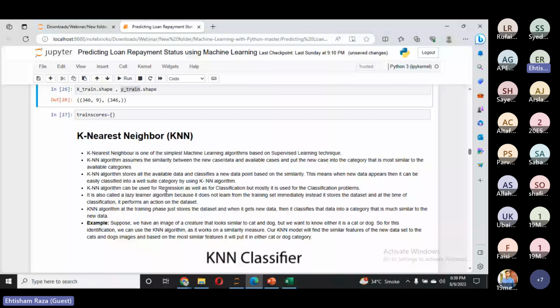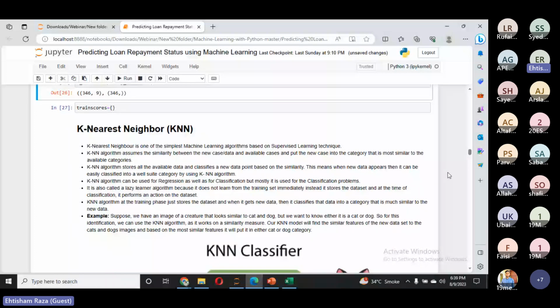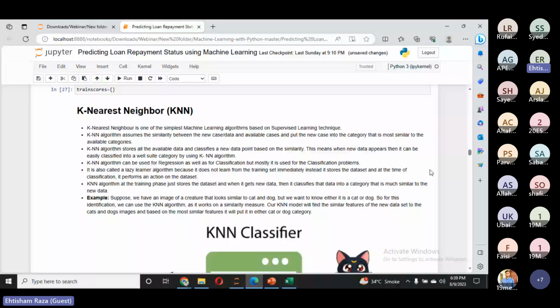It is also called a lazy learner algorithm because it does not learn from the training data immediately. Instead, it stores the data set, and at the time of classification, it performs an action on the data set. This algorithm is called a lazy learner because it just keeps the data set in its memory. So it is not a very memory efficient algorithm.